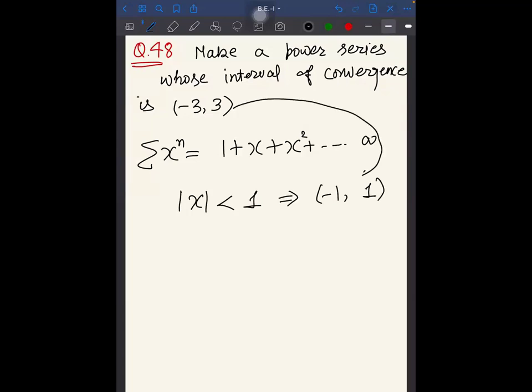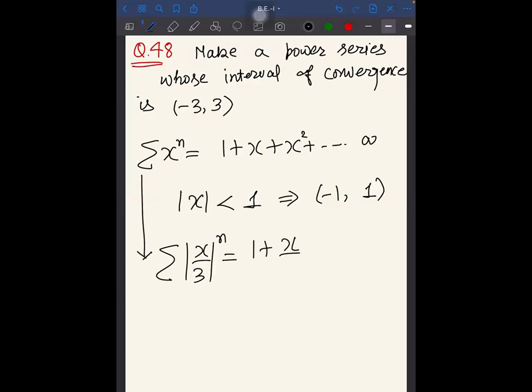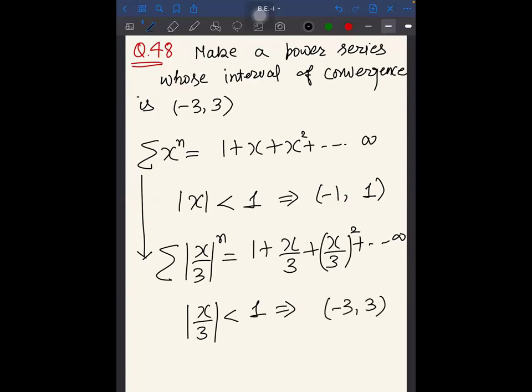How are you going to do it? A smart suggestion: summation of x by 3 to the power n. Yes, that's it, you are done. That's the small adjustment you want to make. If you take this series, it will converge only when mod of x by 3 is less than 1. That means your x should belong to -3 to 3.